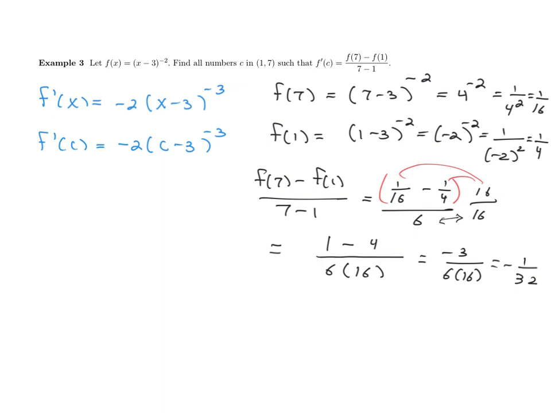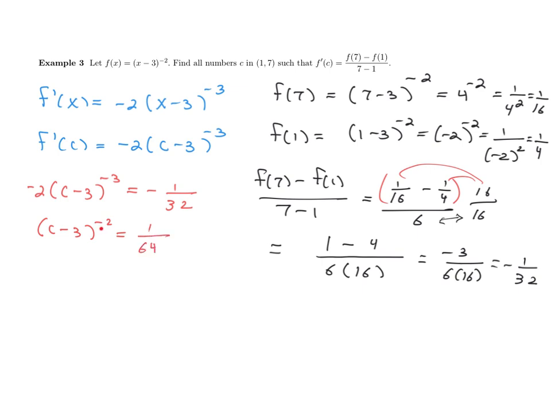Okay, great. This is negative 1 over 32, which I'll set equal to this, and I'll solve it over here. So we have the following. Negative 2 times (c minus 3) to the negative 3 is equal to negative 1 over 32. I think I'll divide both sides by negative 2. That gives me (c minus 3) to the negative 3 is equal to, the negatives cancel, 2 times 32 is a 64th.